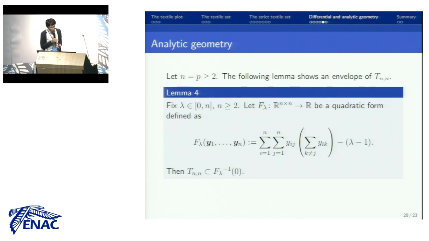And we also found that if n equals p, the textile set is included in this set, the inverse image of f lambda. F lambda is defined by this one.